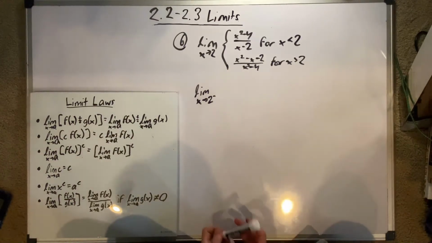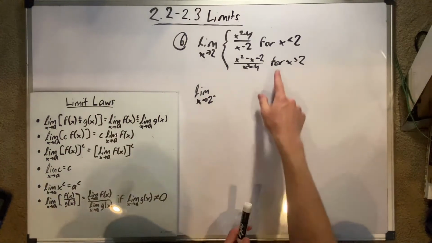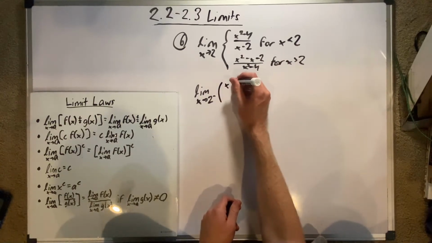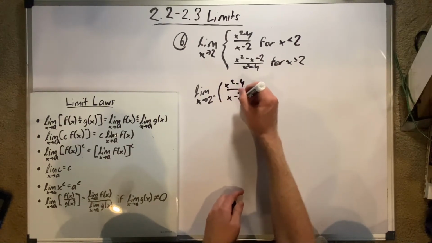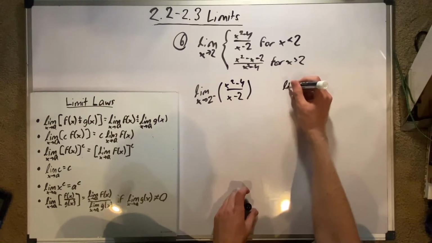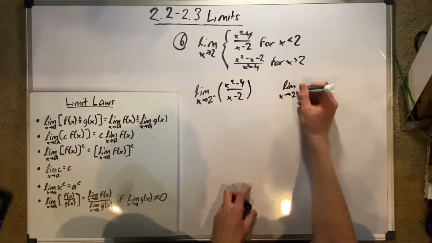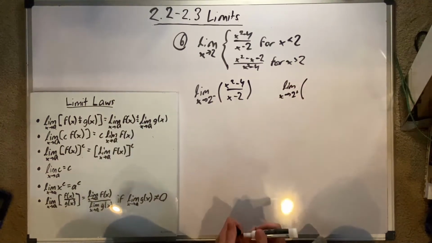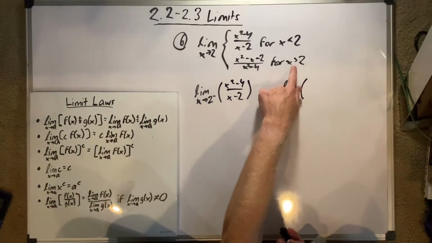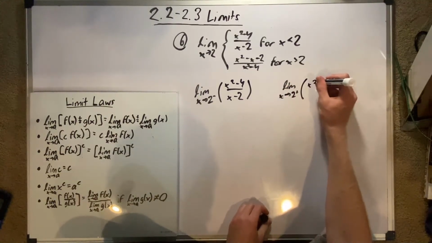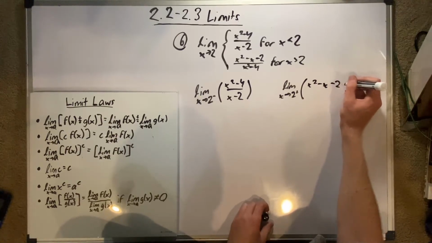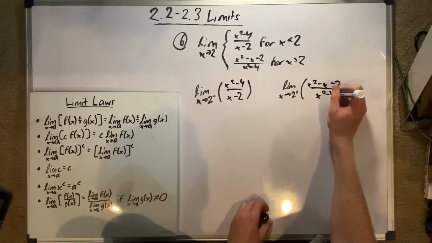So first of all, the only thing that we can use to approach from the negative side is this top one. So we're going to use the top one. Okay, and then we're going to do the same thing over here. X approaches 2 from the positive side. We can only use this one as it approaches from the positive side. So x squared minus x minus 2 over x squared minus 4.